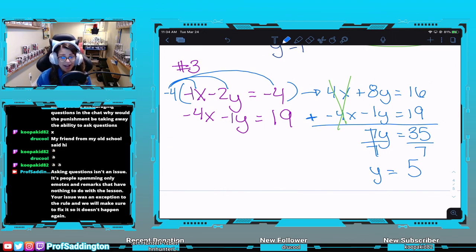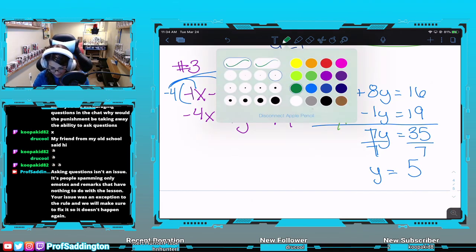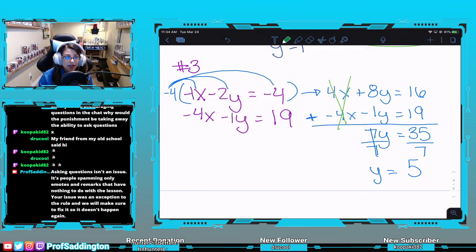Now that we know what y is, I'm going to pick one of the original equations to plug back in to solve for x. And again, it does not matter which one. So I'm just going to choose the top one because why not? And again, I like to rewrite that original first and then plug in.